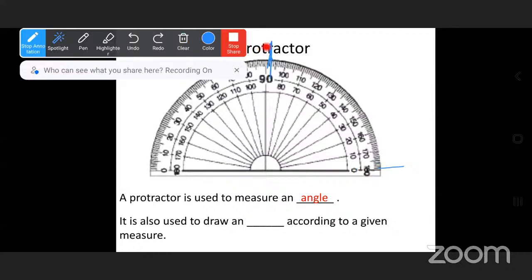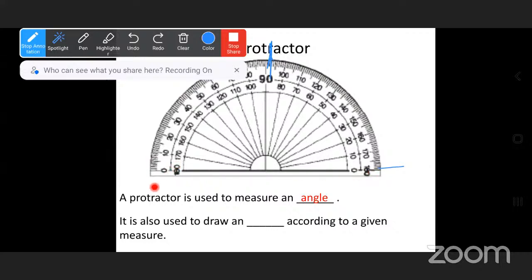Okay. And when the measure of the angle is between 90 and 180 degrees, see, I've started from here, so I'll be using the inner part of the measurement, that angle will be called an obtuse angle. And if the measure of the angle is 180 degrees, we will call it a straight angle.